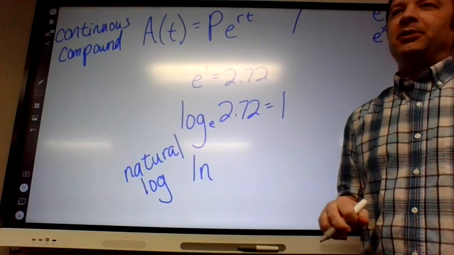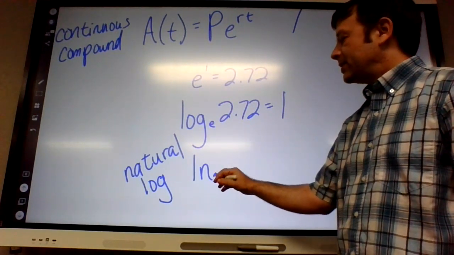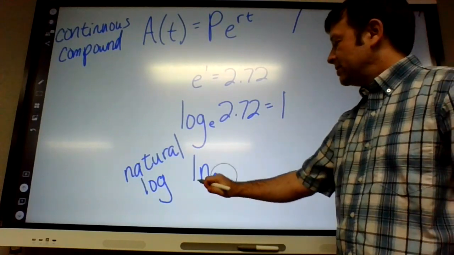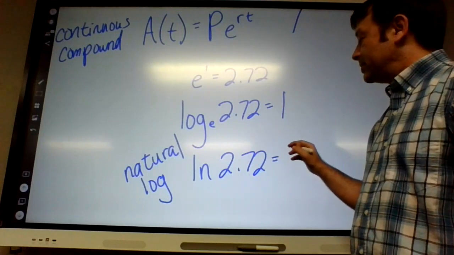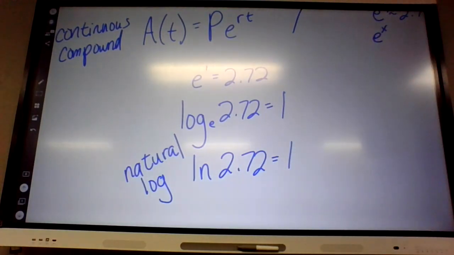So the natural log just means there's an invisible base e, kind of like the common log has an invisible base 10. So if you plugged in natural log of 2.72, it should give you something very close to 1. Now why is it not exactly 1?